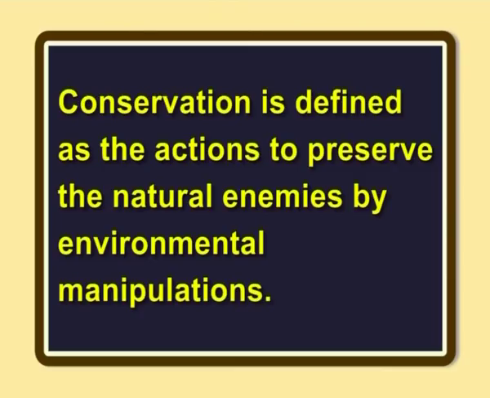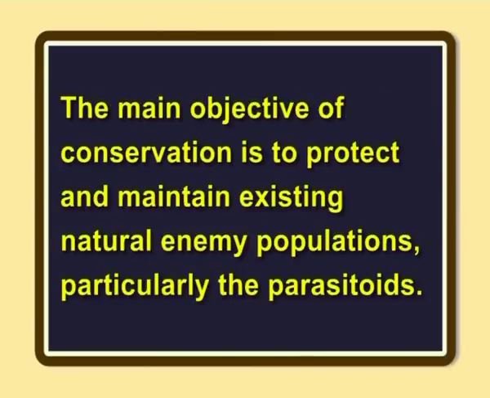Conservation is defined as the actions to preserve the natural enemies by environmental manipulations. The main objective of conservation is to protect and maintain existing natural enemy populations, particularly the parasitoids. Here, we consider only those pest control measures that won't destroy the natural enemies.